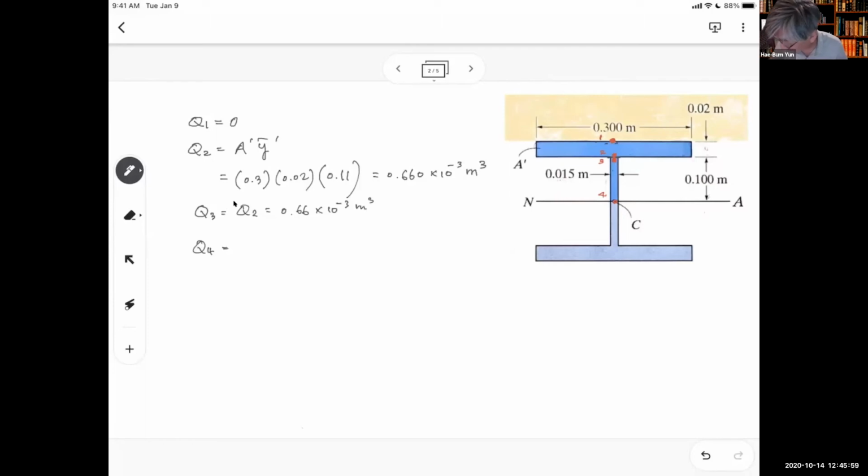And in this case, we have a 2 area, right? So then we need to have a summation. So then area of the flange, which is 0.3 times 0.02 times 0.11, which is the same as Q2, right?